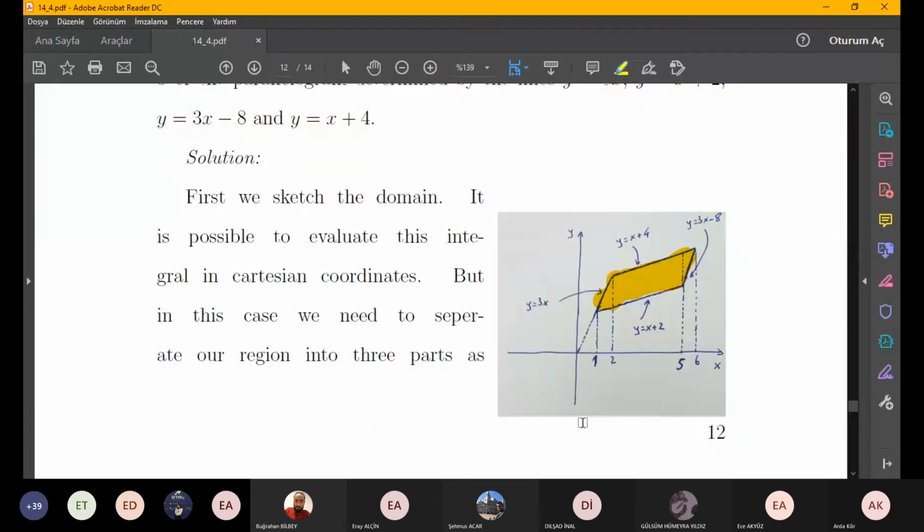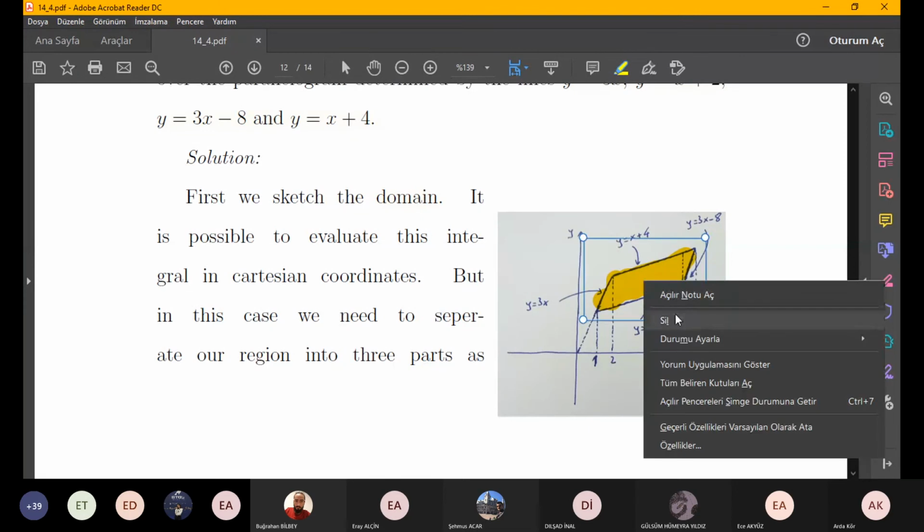So this is the domain on the sketch. Of course, on the xy plane it is possible to calculate that integration, but we have to do it in 3 parts. The first part has to be here, this one.